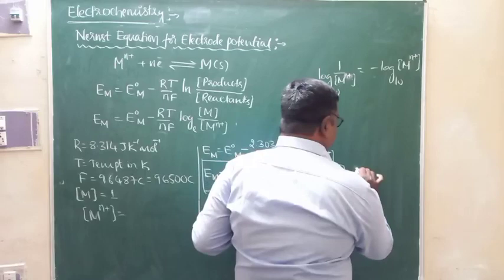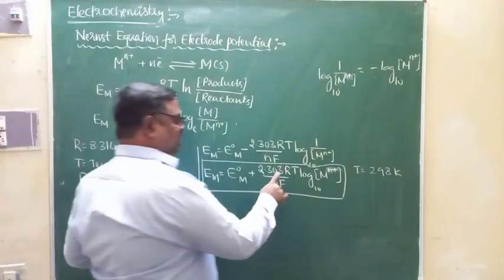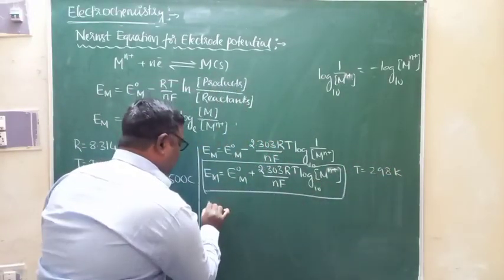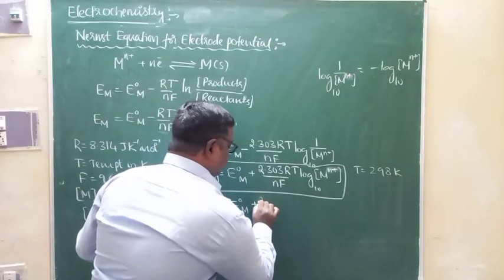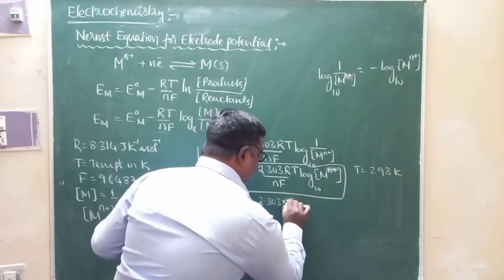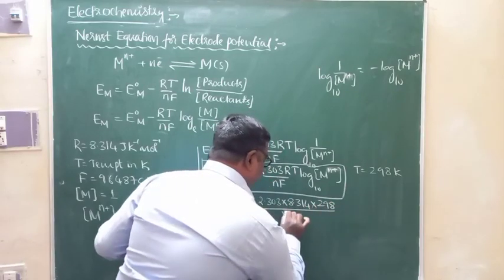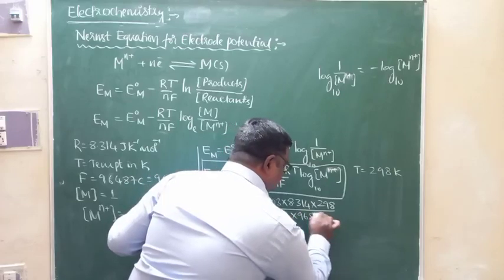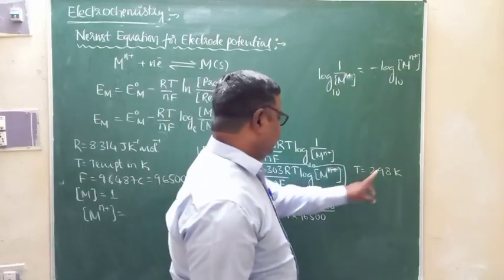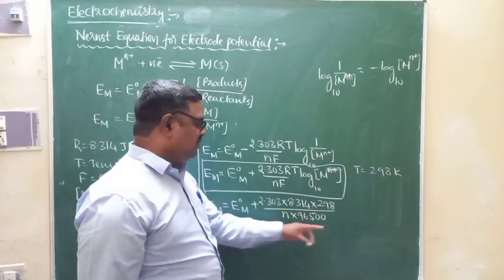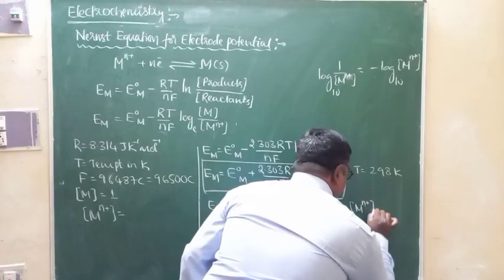If I fix the temperature as 298 kelvins, and substitute T equal to 298 kelvins, the equation takes the form Em is equal to E naught M plus 2.303 into 8.314 into 298 divided by N into 96,500 coulombs, log to the base 10 of the molar concentration of metal ions.